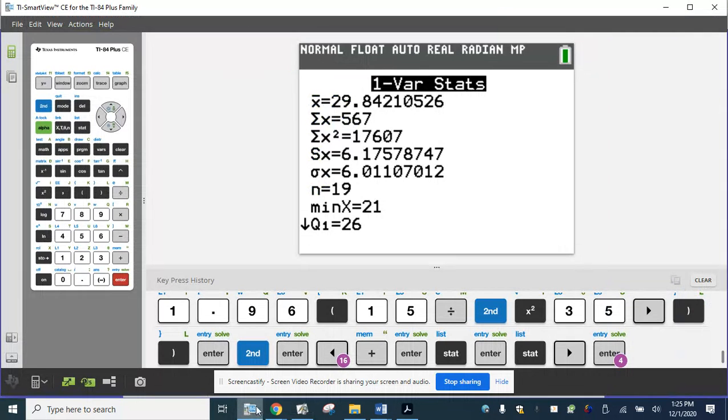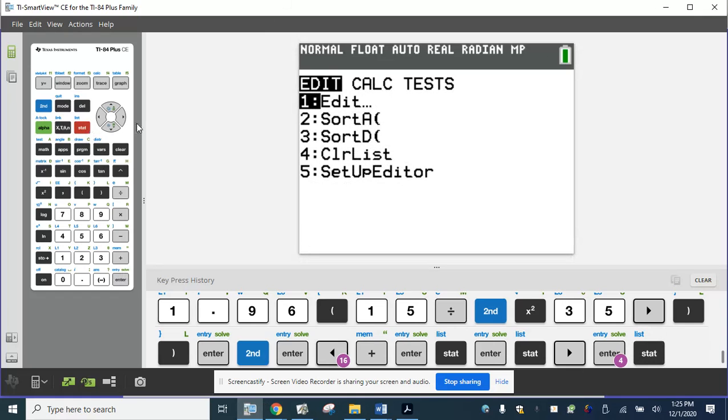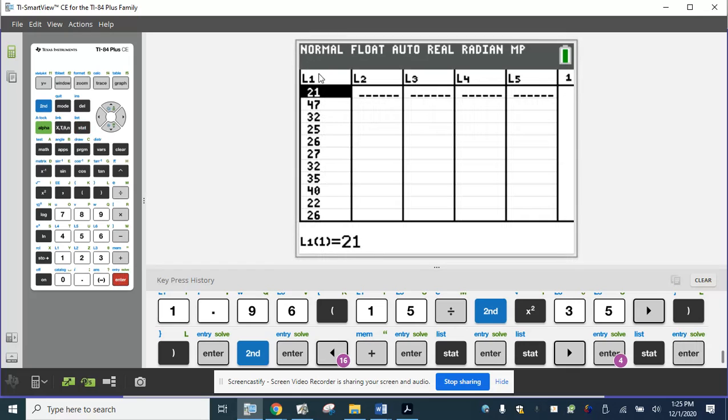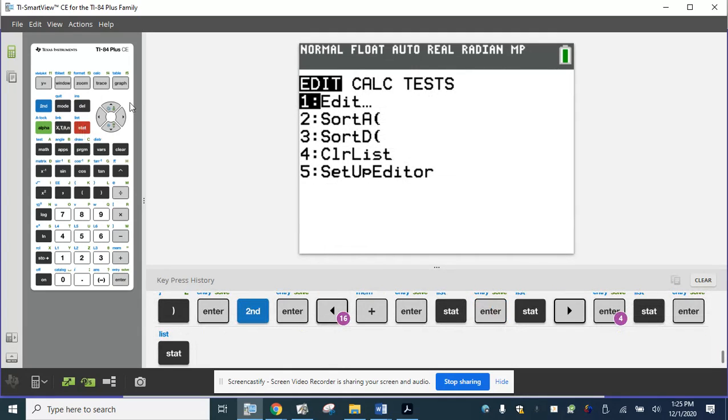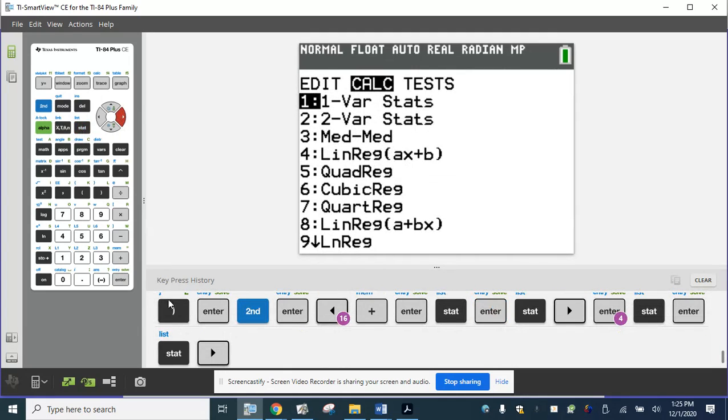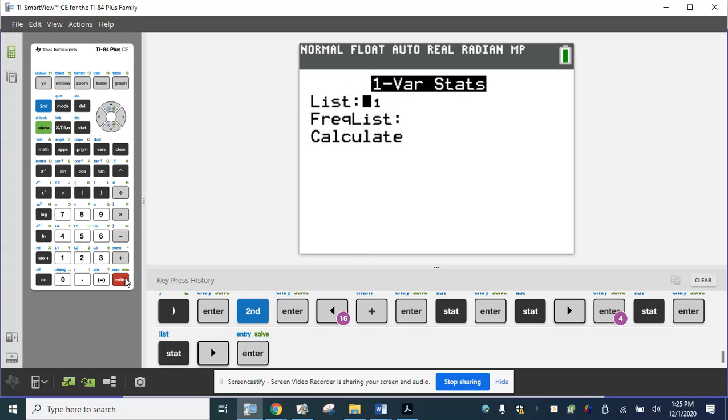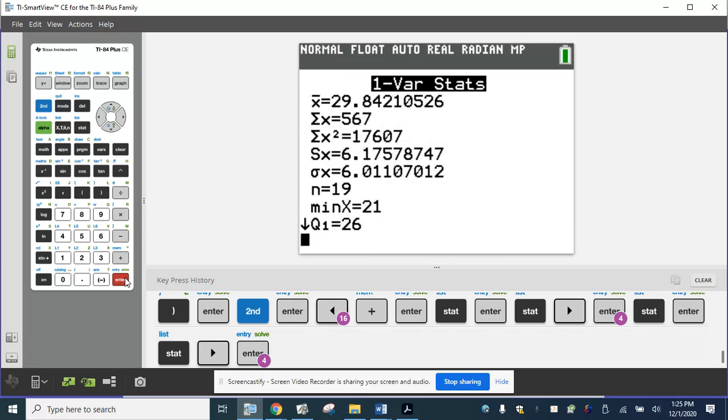Actually, this is the one I had in here. So I went to Stat, Edit, put all my numbers in list number 1. Then I did stat, over to calc, press enter. List number 1 is highlighted because that's where my numbers are, and I'm going to calculate it.